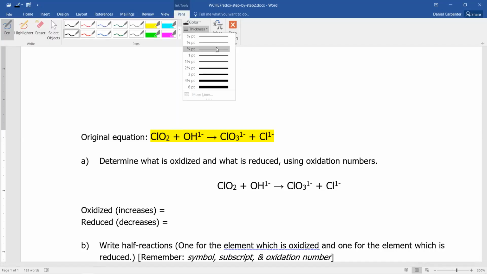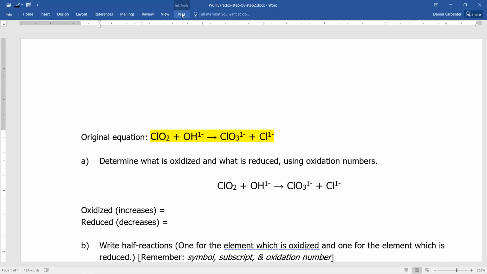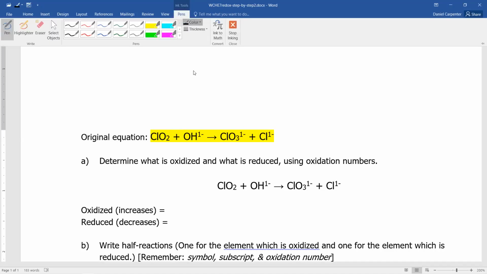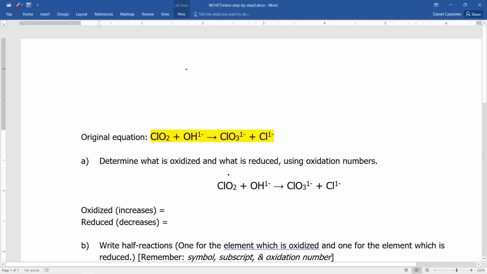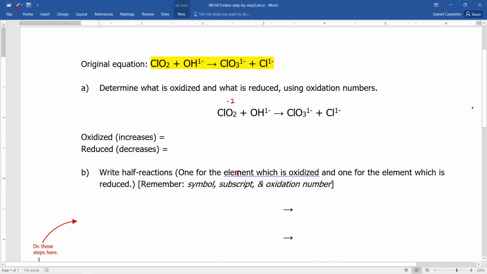Remember, we have to go with the strongest rule. Oxygen is almost always -2, and there are 2 of them, and this has to equal 0, which means chlorine has to be +4, not its usual -1.